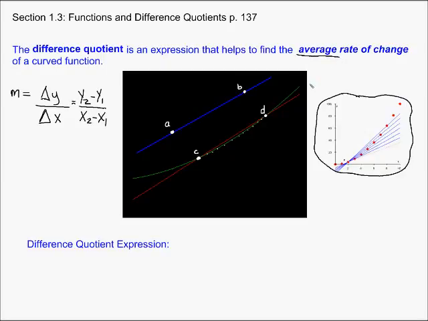And this is where the difference quotient comes in. The difference quotient expression helps us to find the average rate of change of a curved function. And the expression we use for this is the function of x plus h, where h is the change, how much the x has changed, subtract the function of x, all over h.